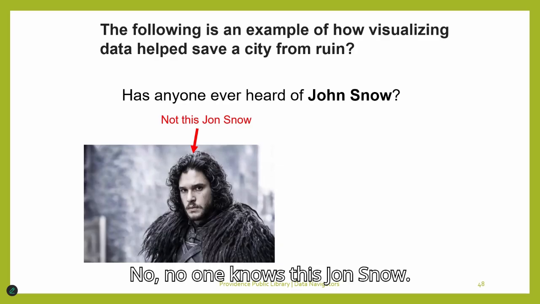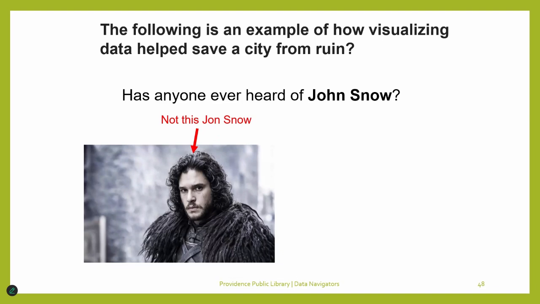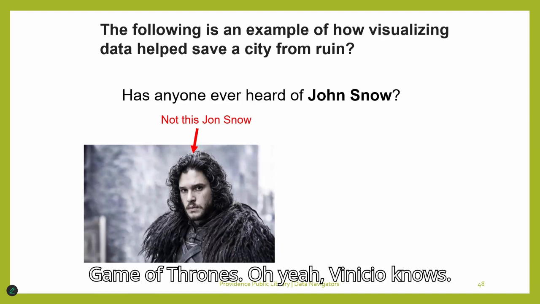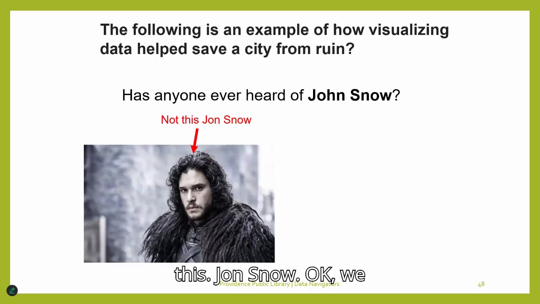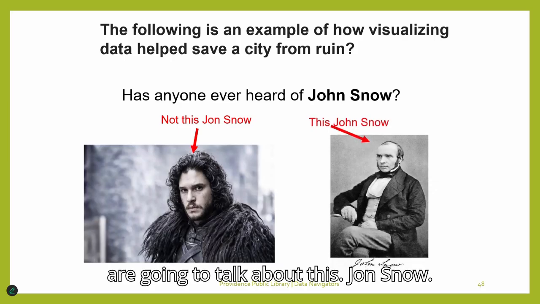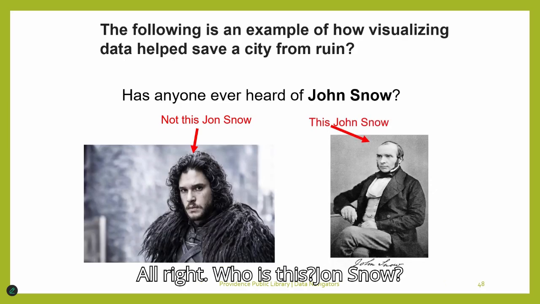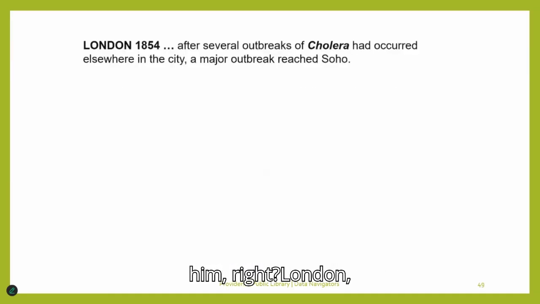No one knows this John Snow? Famous HBO show. No one knows? Game of Thrones. Oh yeah, Vinicio knows. Okay, Vinicio, we are not talking about this John Snow. We are going to talk about this John Snow. Alright. Who is this John Snow? Why are we interested in knowing about him?